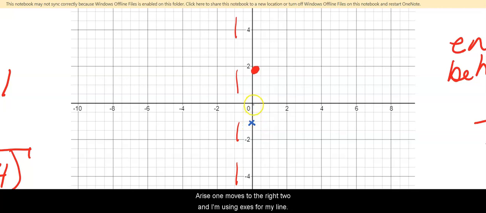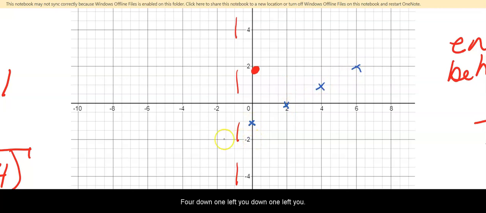I rise 1, move to the right 2, and I'm using x's for my line. 1/2 x minus 1 is the one that goes up 1, right 2, up 1, right 2, or down 1, left 2, down 1, left 2.